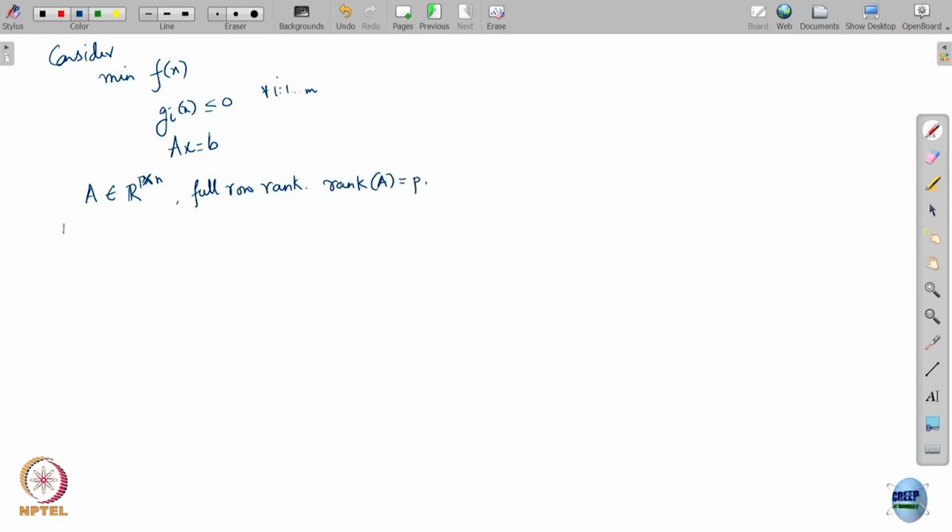Now, we will assume, suppose f and all these g_i's are convex, okay, and suppose p star is greater than minus infinity and attained.